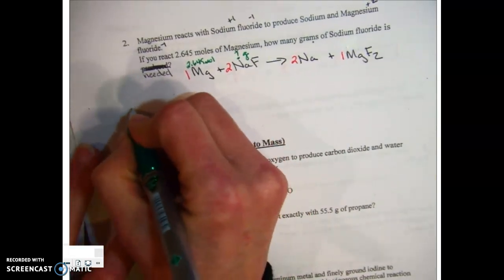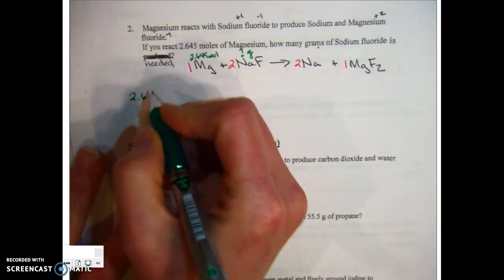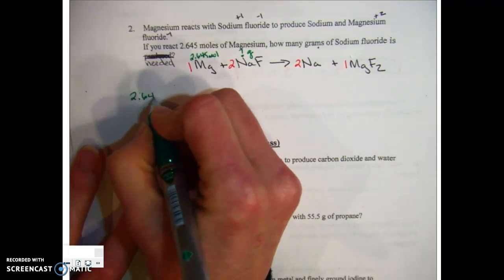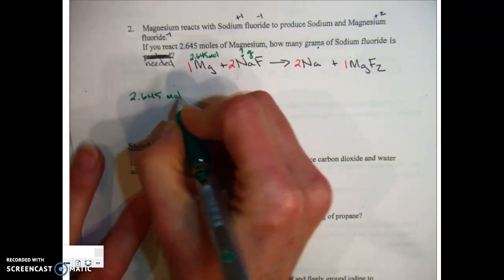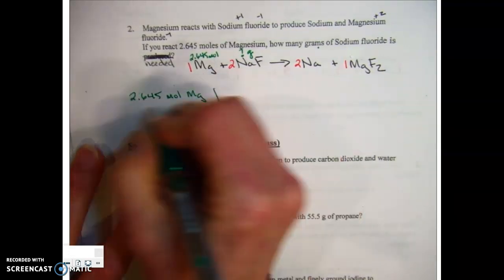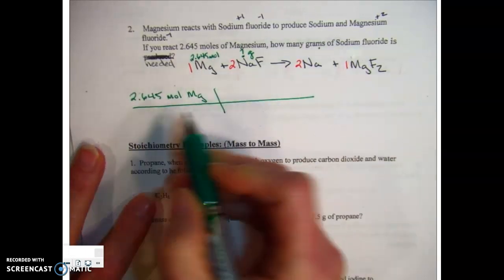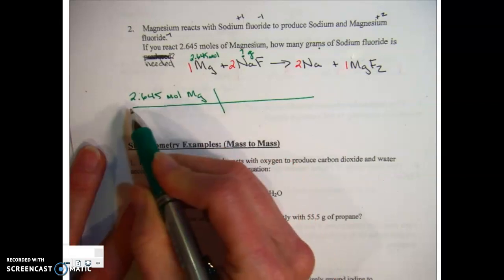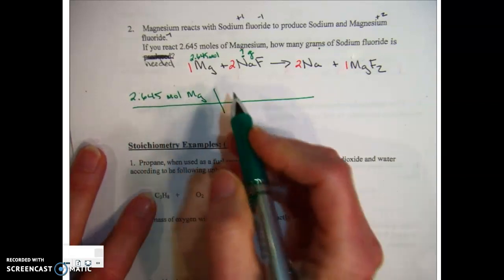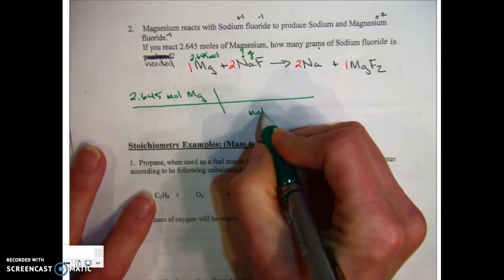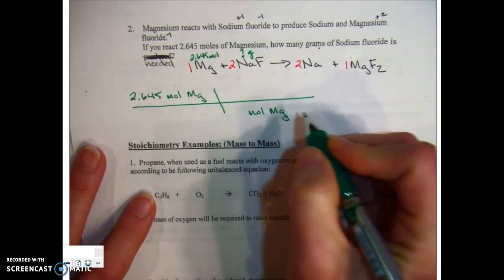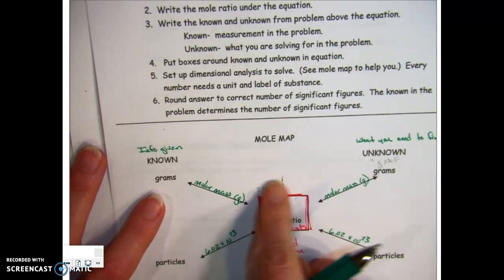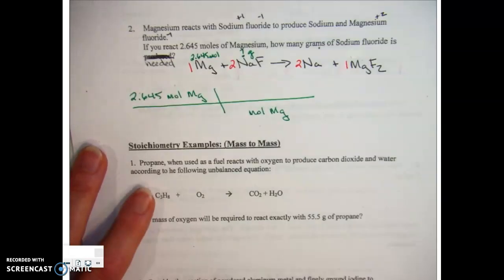So start with what you know. My 2.645 moles of magnesium, again, please label everything in your train track. This is what I want to go away. I'm going to use the mole ratio to change from moles of my known to my unknown.